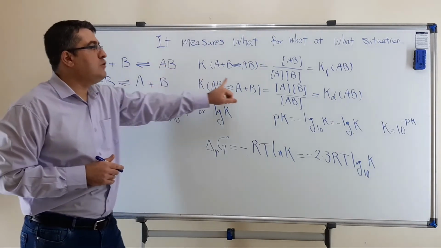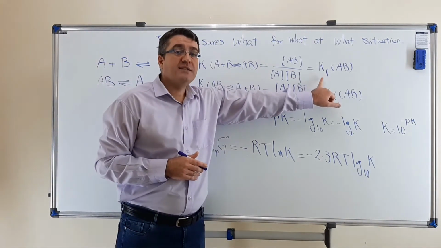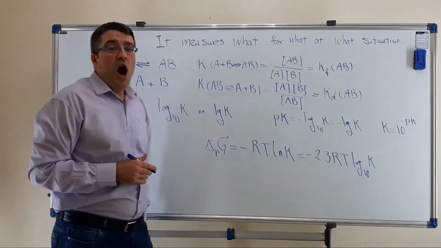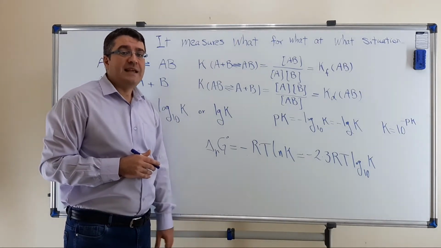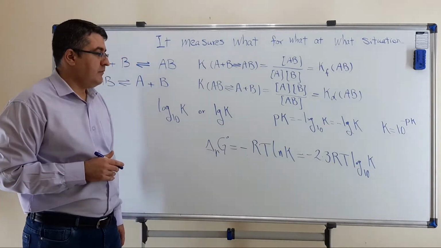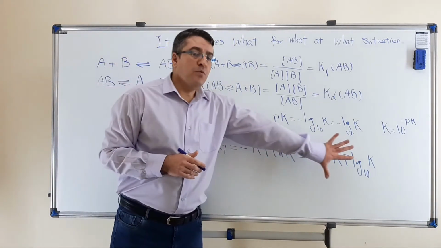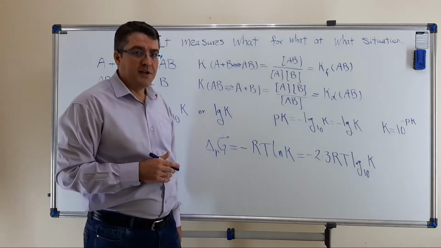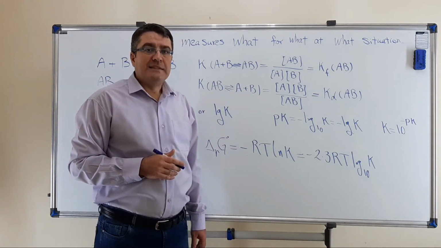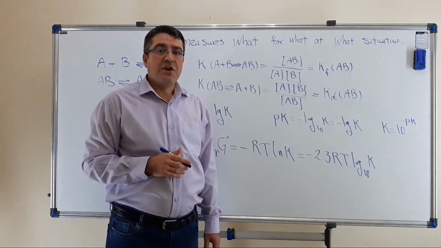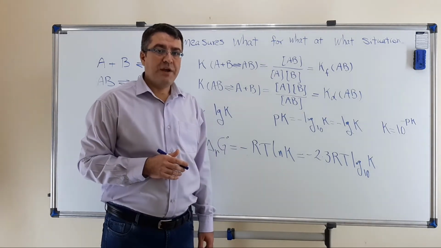Therefore, higher values of formation constants mean higher acidities or basicities, or stronger acids and bases. Therefore, we can use numerical values of equilibrium constants to measure and compare Lewis acidities and basicities of different chemical species at different situations.